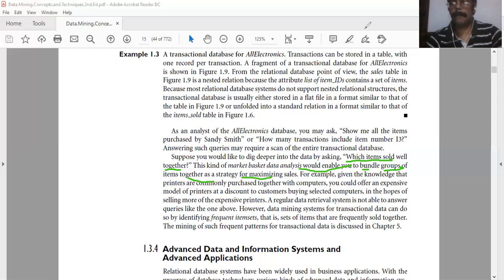For example, given the knowledge that printers are commonly purchased together with computers, you can offer an expensive model of printers at a discount to customers buying selected computers, in the hopes of selling more of the expensive printers.